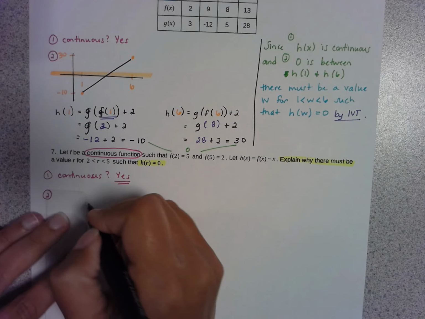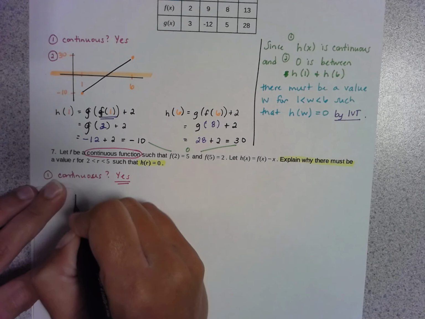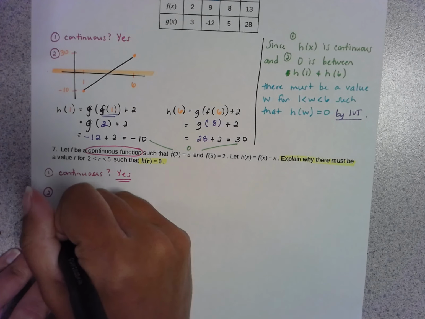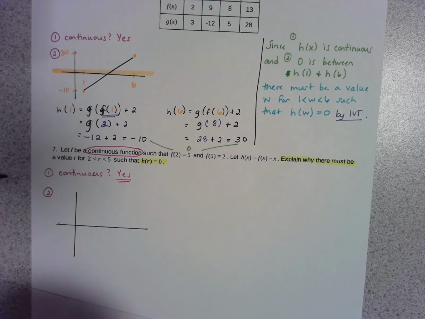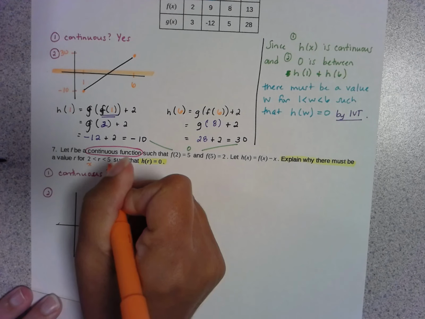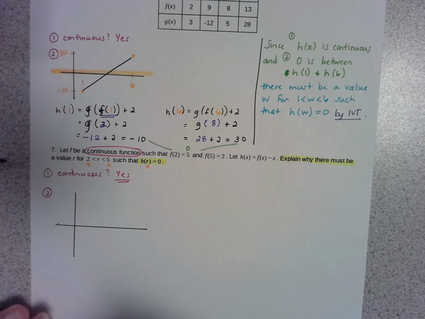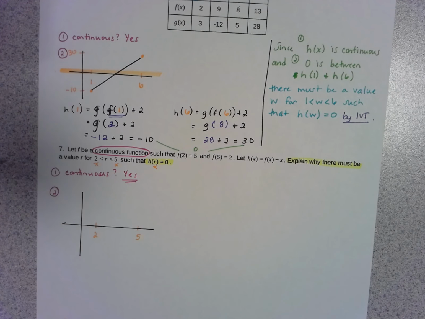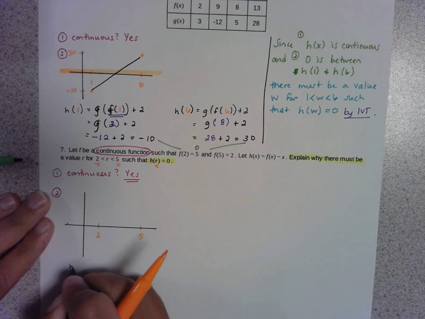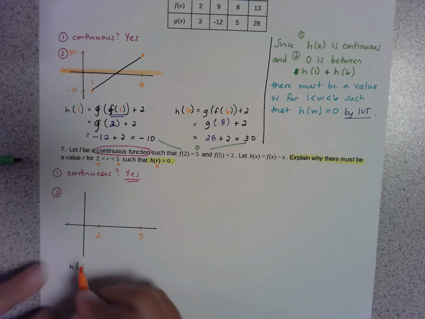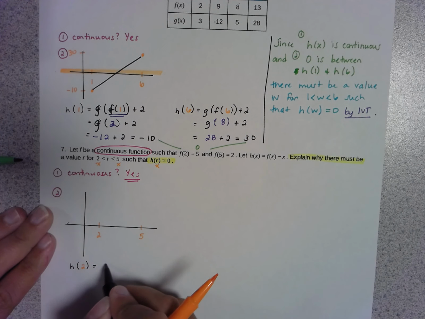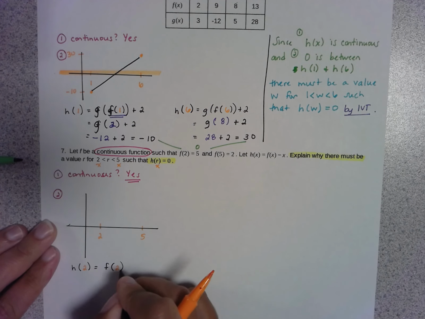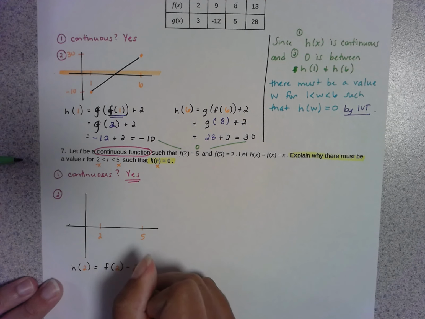So my x values for this graph are 2 and 5. And again, I know that because that's the boundaries of my r, which is an x value. So I've got 2 here and I've got 5 here. Now I'm going to find my output values. So h of 2 is equal to f of 2 minus 2.